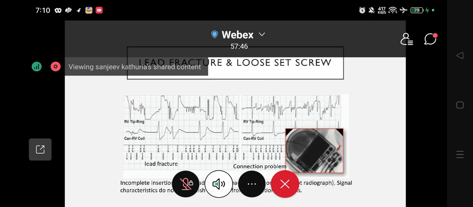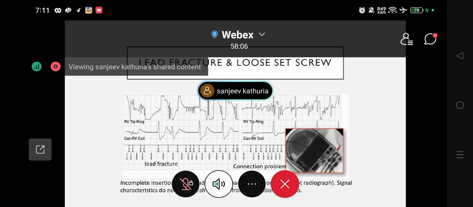That is why the near field is showing a problem, but the far field is showing much less problem. If there is a connection problem, because the connection stays from up to down and is throughout, your problem at the tip to ring will be much more profound. It will have a problem at the coil can level also.